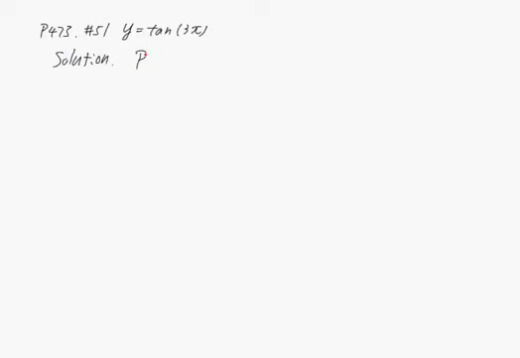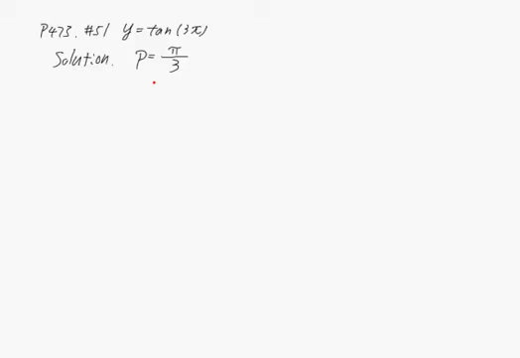First, we know the period of this function is equal to the period of tangent x divided by the coefficient of x. The period of tangent x is equal to pi. So the period of this function is equal to pi over 3.